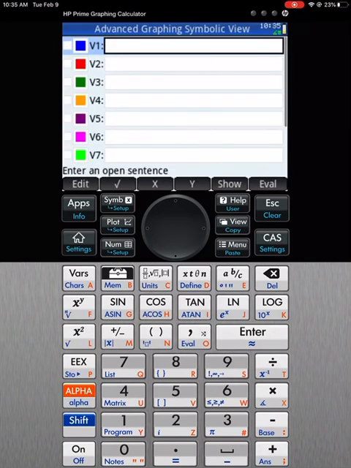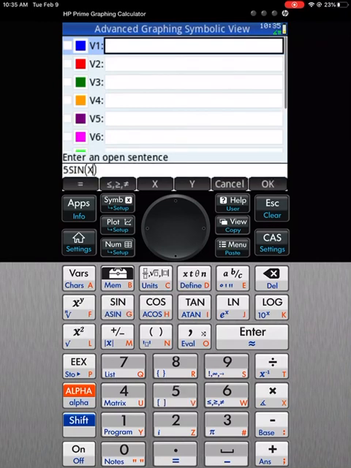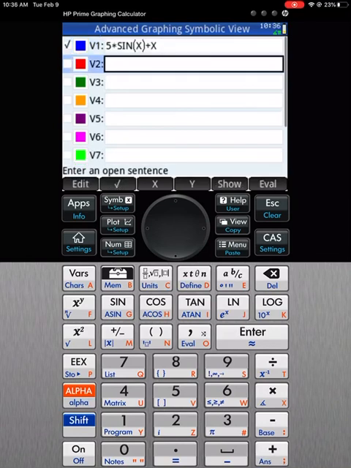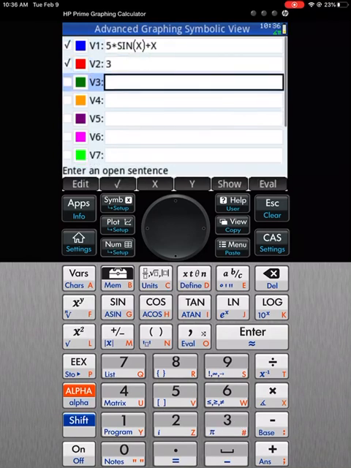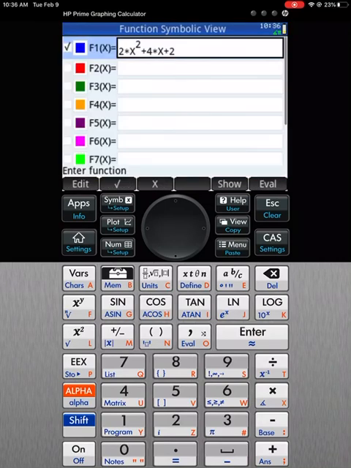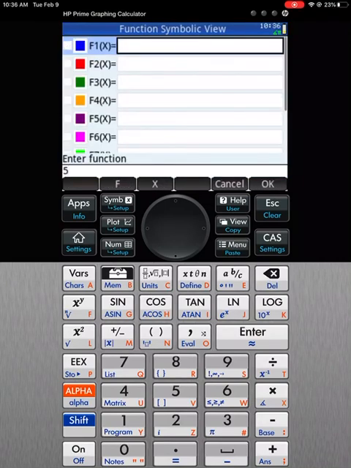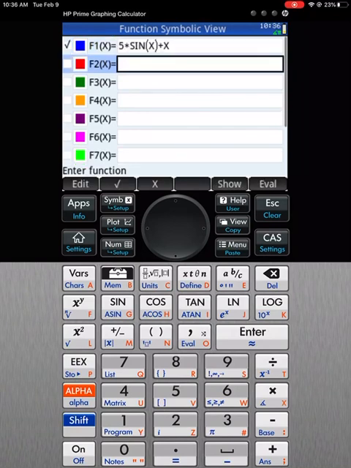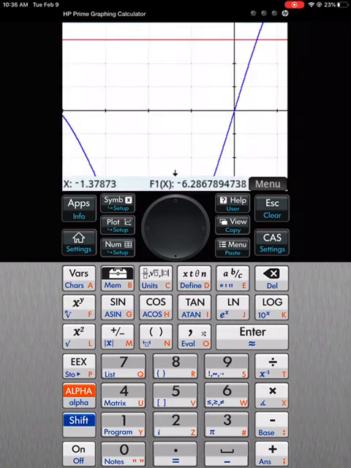So if we go into our calculator and we put in 5 sine x plus x, and in our second one we have 3. We're going to plot function. Okay. 5 sine x plus x, 3 plot.